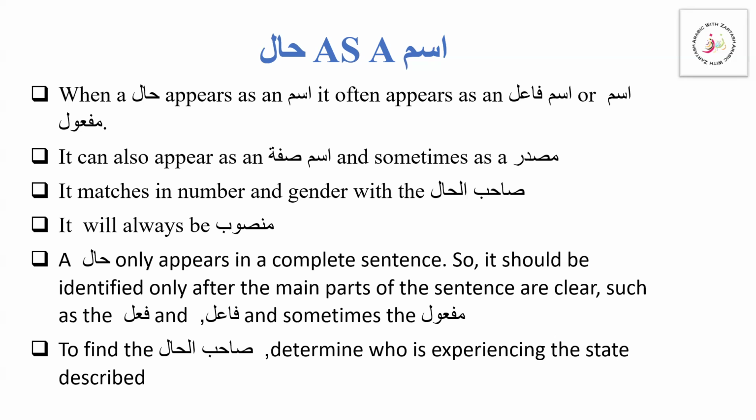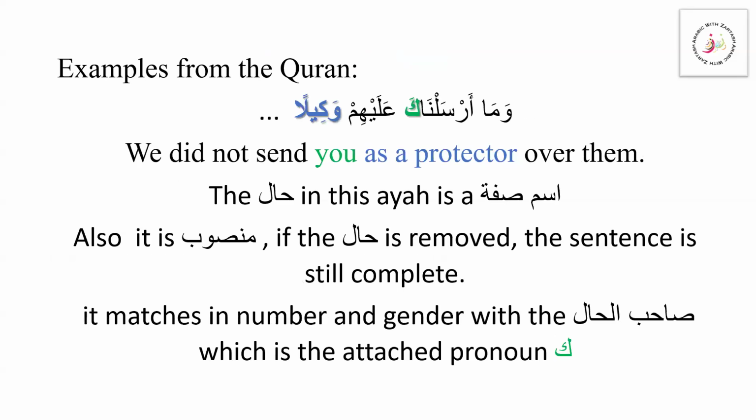We are going to see some examples to understand this point: the one about which we are describing that condition, that state, will be the sahibul hal. Without the hal, the sentence is still complete, and with the hal, the sentence becomes more clear and more vivid. So let's see some examples from the Quran now.